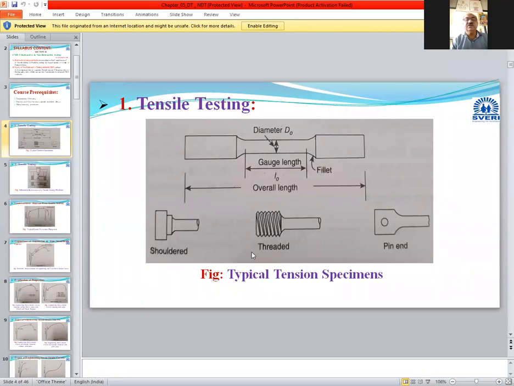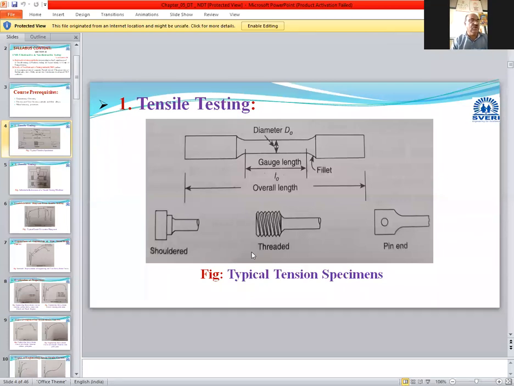After this, we can put the component between the fixed and movable jaw of the universal tensile testing machine and start the machine. The graph will get developed. This graph is nothing but your stress-strain graph, meaning load versus displacement. In this case, tensile strength is equal to force upon cross-section area.